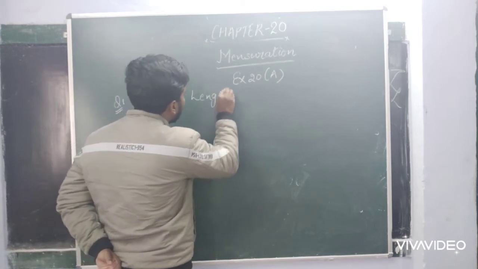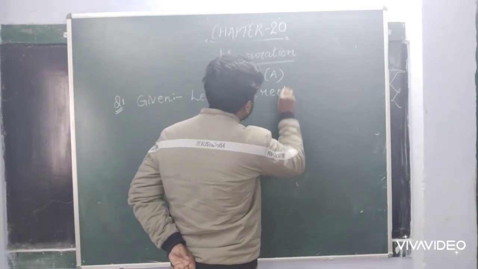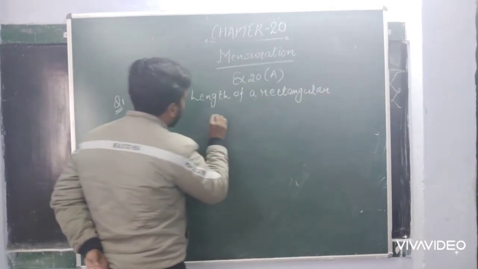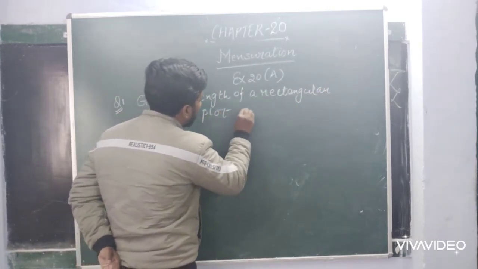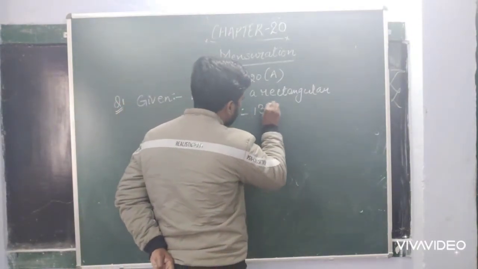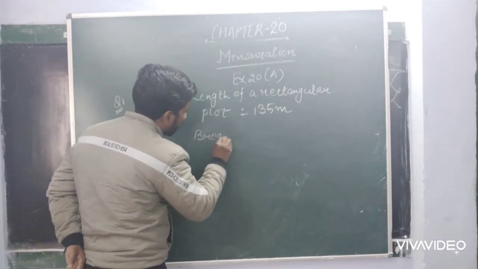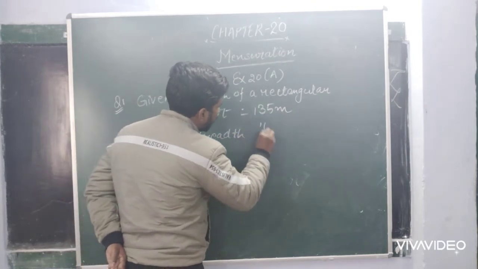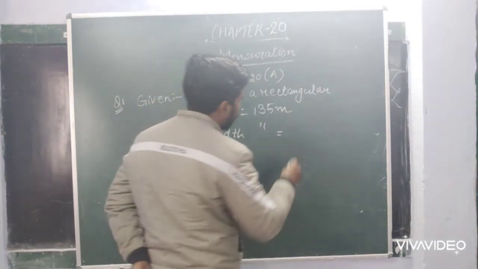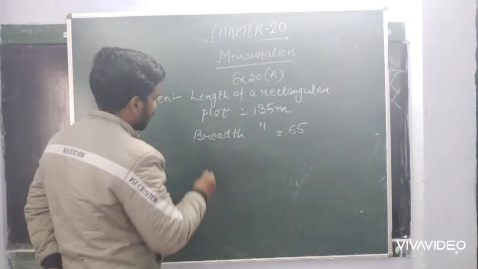Length of a rectangular plot is given, that will be equal to 135 meter. Breadth of a rectangular plot is 65. So now you have to find its perimeter first.